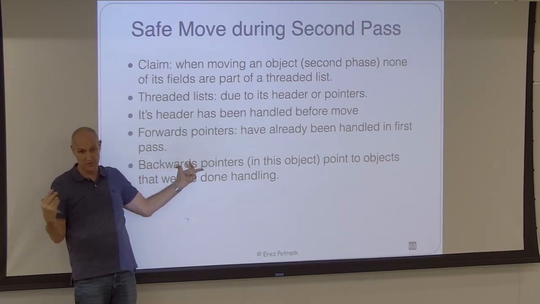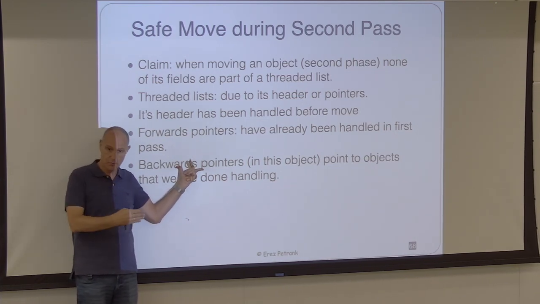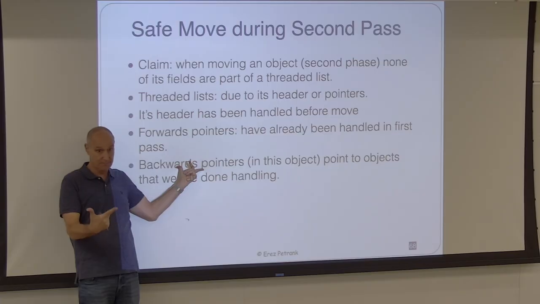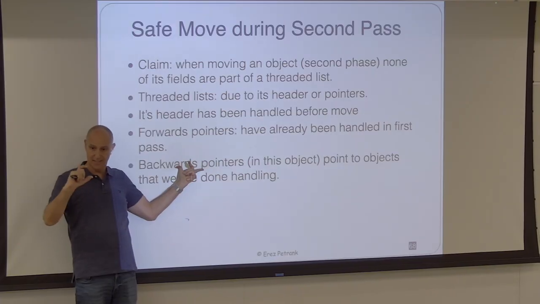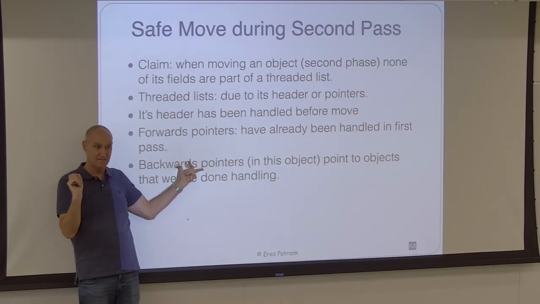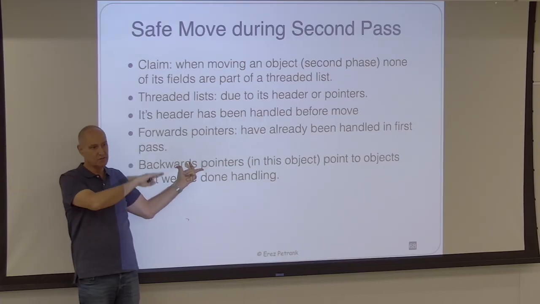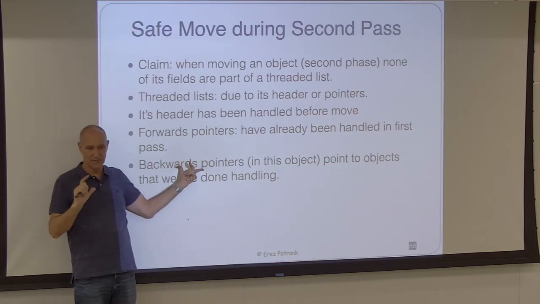These are lower addresses that I go through before I arrive at that object. And so these objects were handled in the second pass, meaning that I looked at the threaded list in the header of these objects, I fixed all the pointers and I brought back the header. There's no list anymore from these lower address objects.